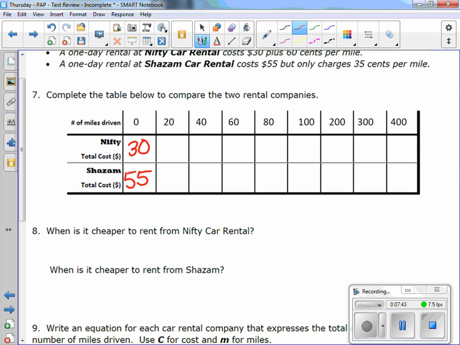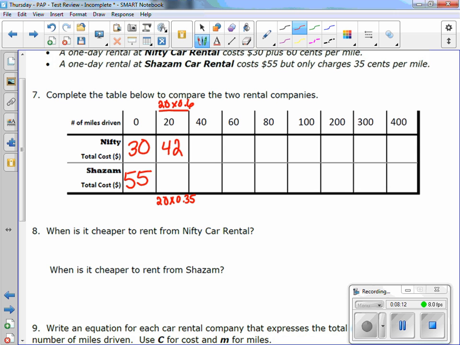Now for 20 miles, you're going to have to multiply 20 times 60 cents to figure out how much your mileage charge is. That's going to give you $12, so 12 plus your 30 is 42. Down here, you would be doing 35 cents a mile times 20, and 35 cents a mile would be $7.